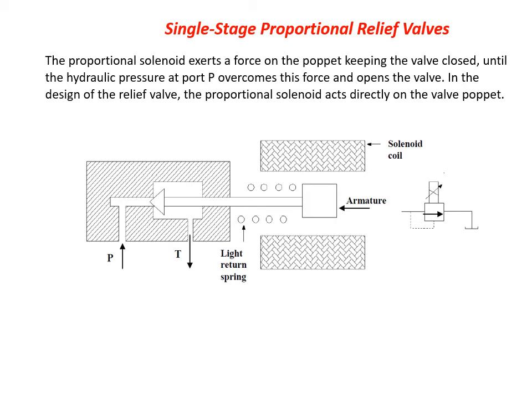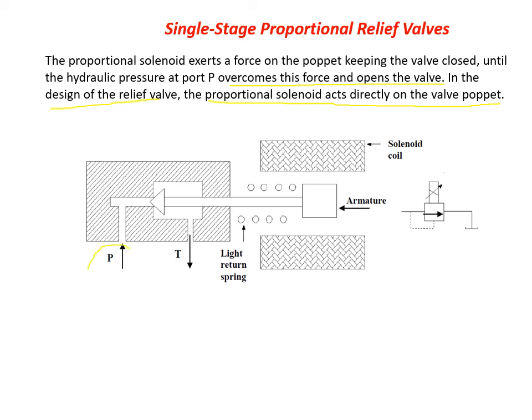Here we can see that a proportional solenoid exerts a force on a poppet which keeps the valve closed until the hydraulic pressure at port P overcomes this force and opens the valve. In the design of a relief valve, the proportional solenoid acts directly on the valve poppet. You can see this in this construction. It's a simple pressure relief valve which is of proportional type.